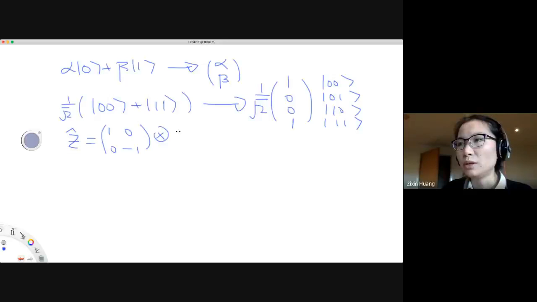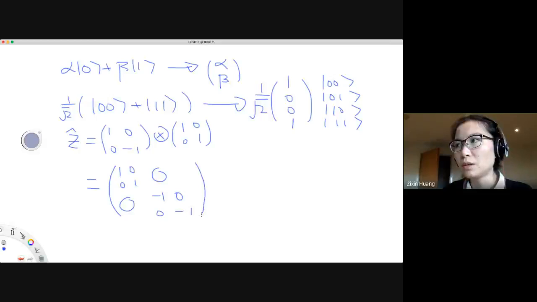tensored with the identity, which is just ones on the diagonals. So this is equal to, you're literally writing down matrix blocks. So you have a 1, 1, 0, 0. That corresponds to this 1 multiplying by everything over here. And then you just have zeros, and then you have minus 1, minus 1.